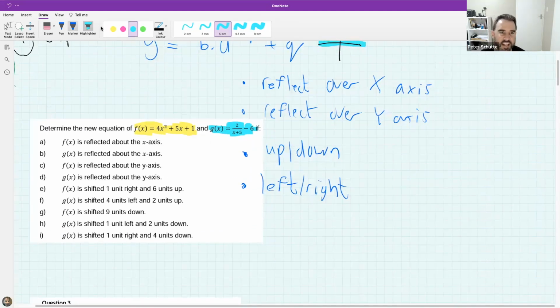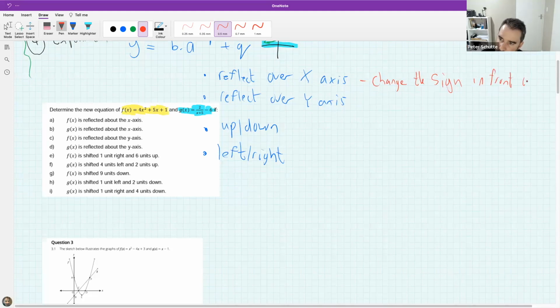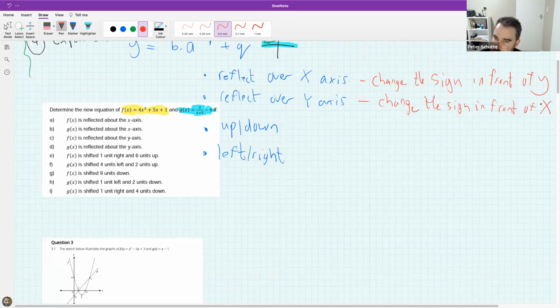If you want to reflect over the x-axis, what you need to do is change the sign in front of y. And if you want to reflect over the y-axis, you need to change the sign in front of x.